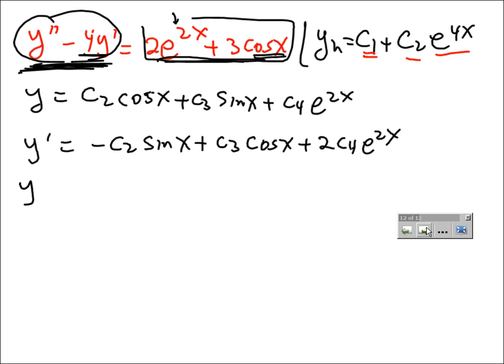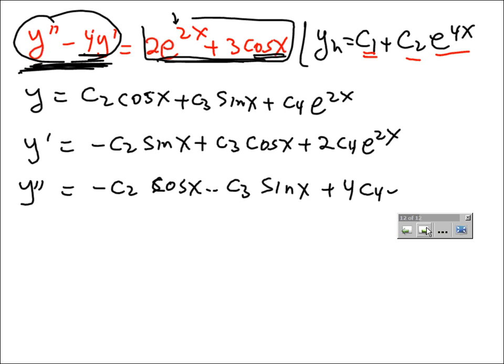Then I calculate the second derivative, which is negative c2 cosine x minus c3 sine x plus 4c4 e to the 2x.